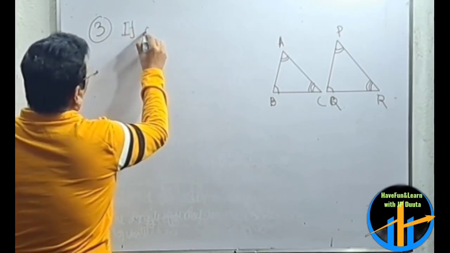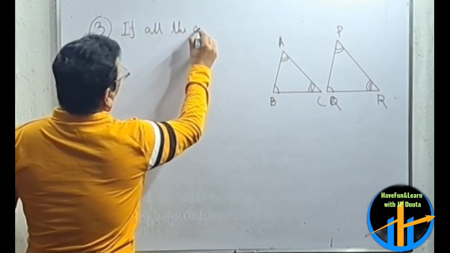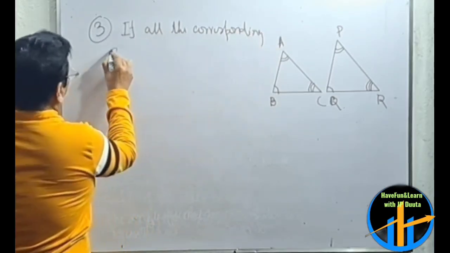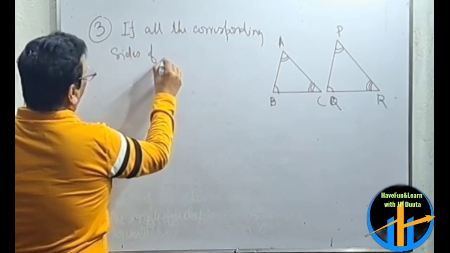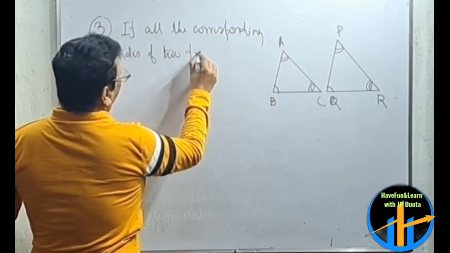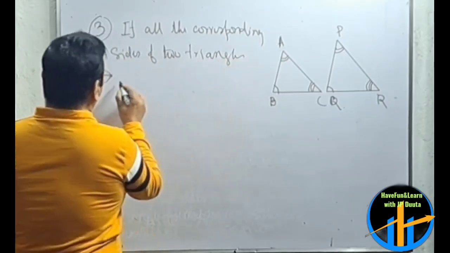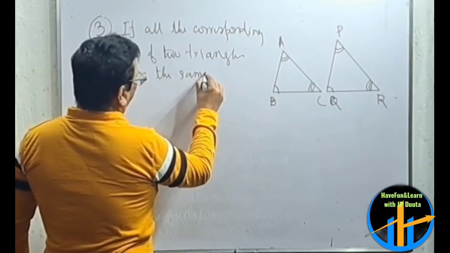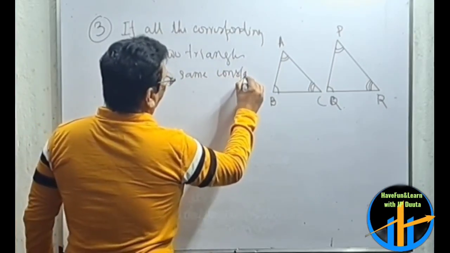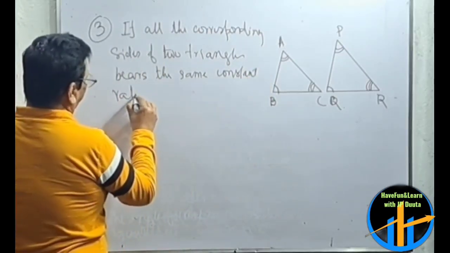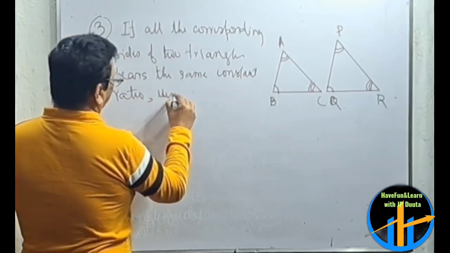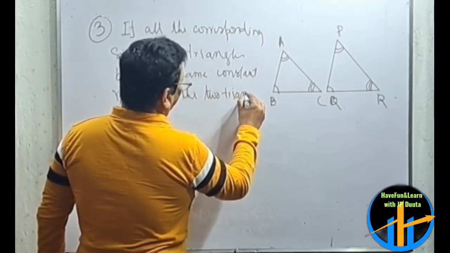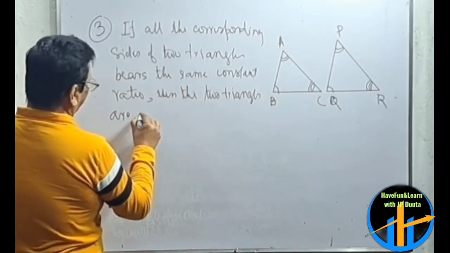And the last property is, if all the corresponding sides of two triangles bear the same constant ratio, then the two triangles are similar.